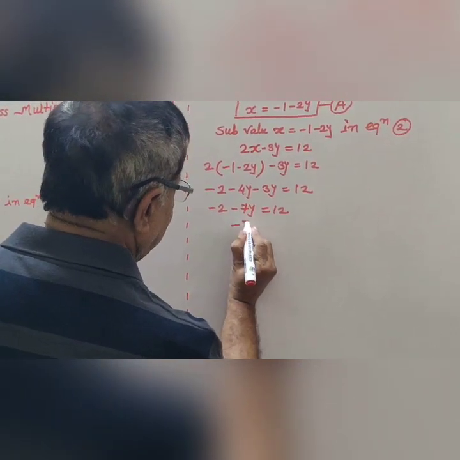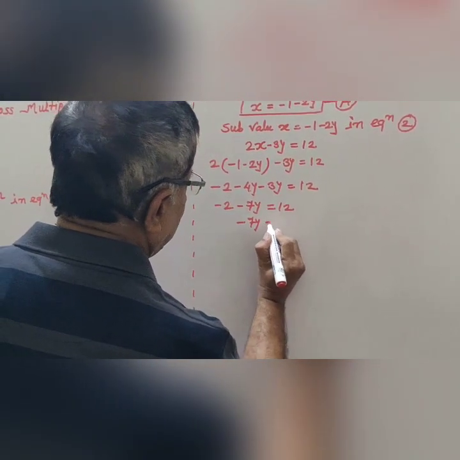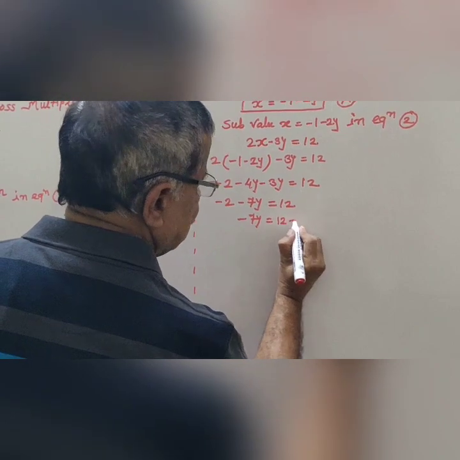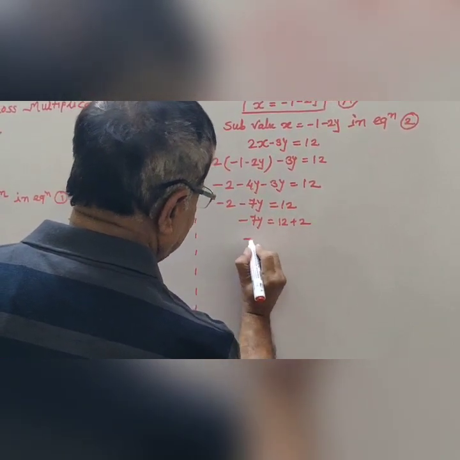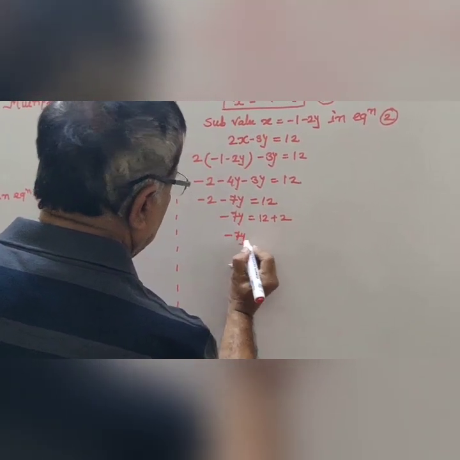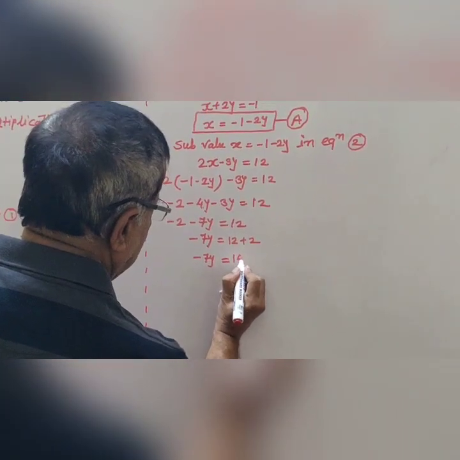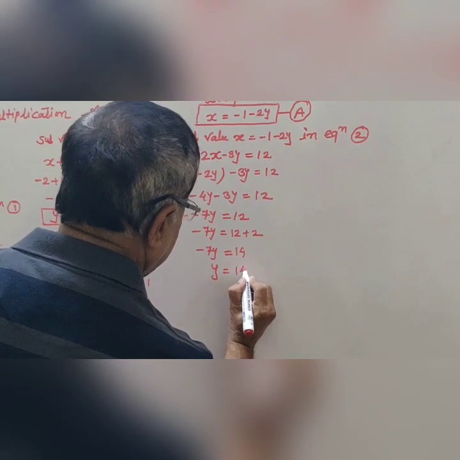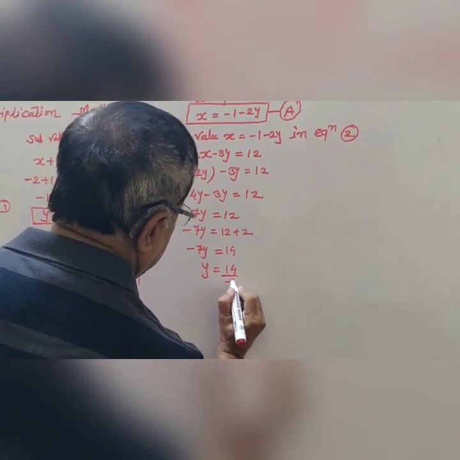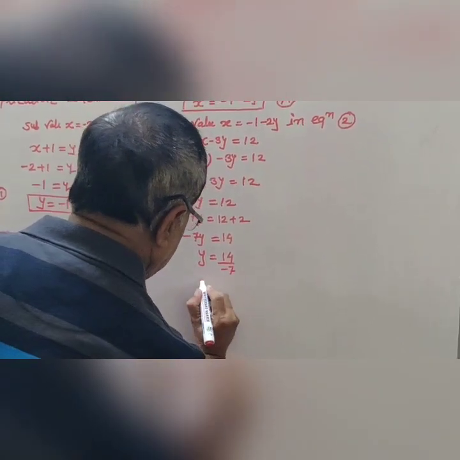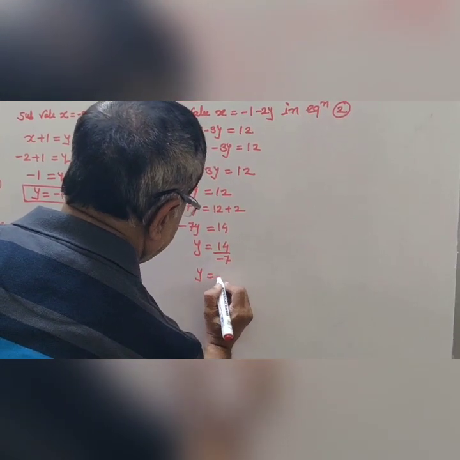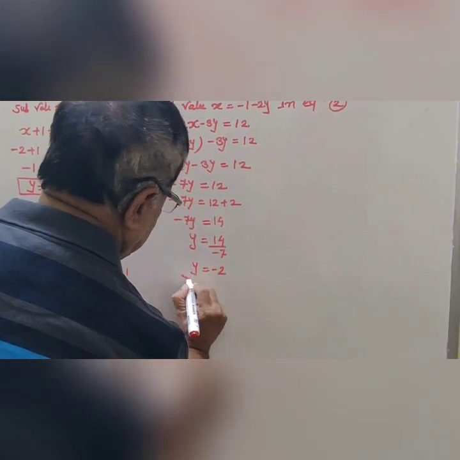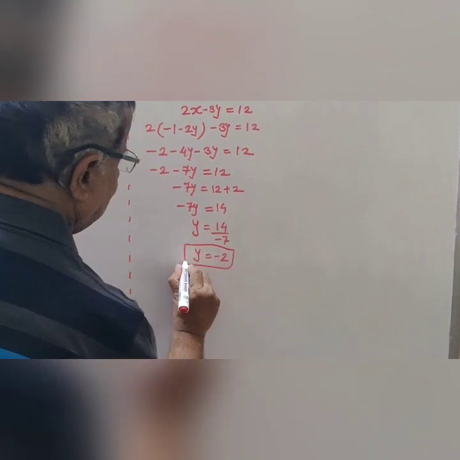So minus 7y is equal to 12 plus 2, so minus 7y is equal to 14. So y is equal to 14 divided by minus 7. So y will be minus 2. Now you have the value of y.